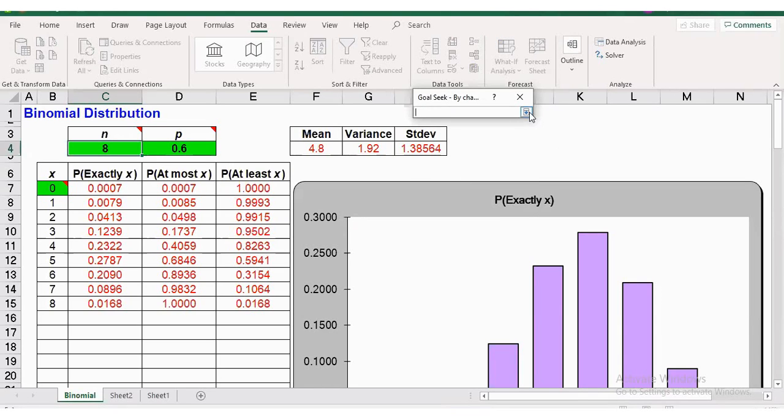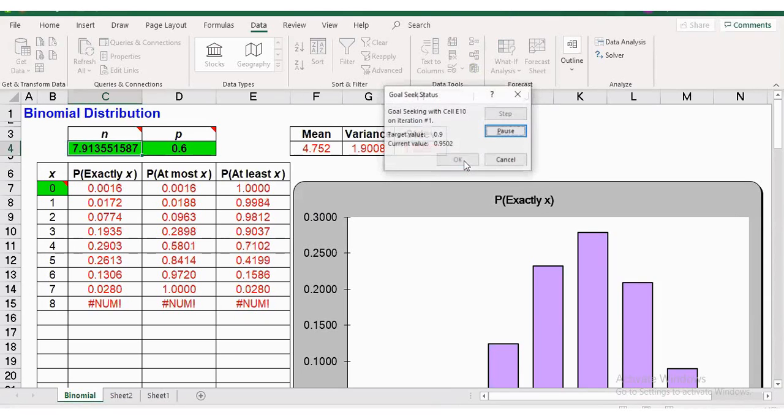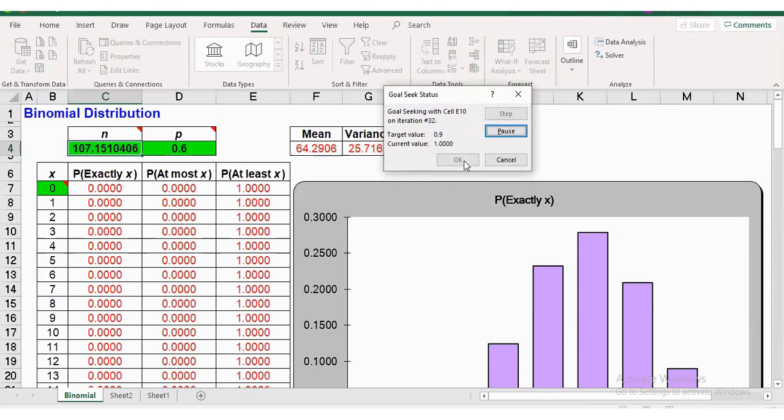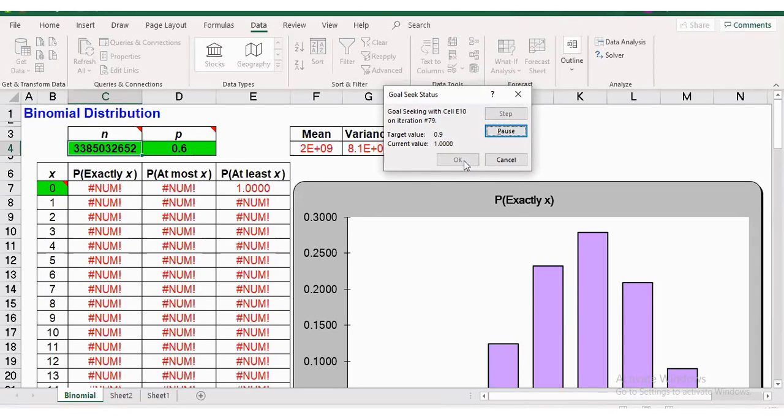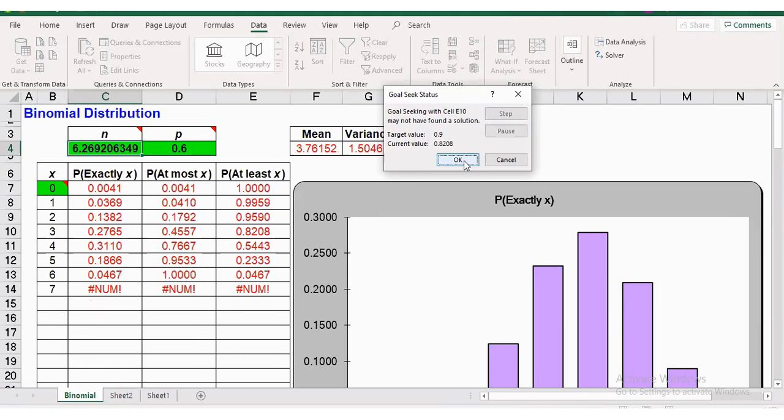Sorry. By changing this one, everything is perfect or not? Let me keep this. Yeah, this is the 0.9, everything is perfect. It's crying.